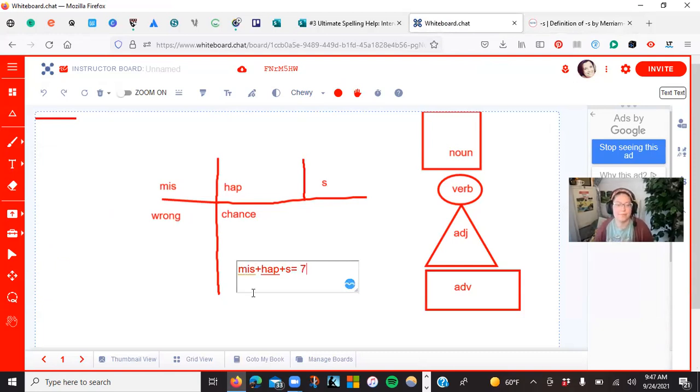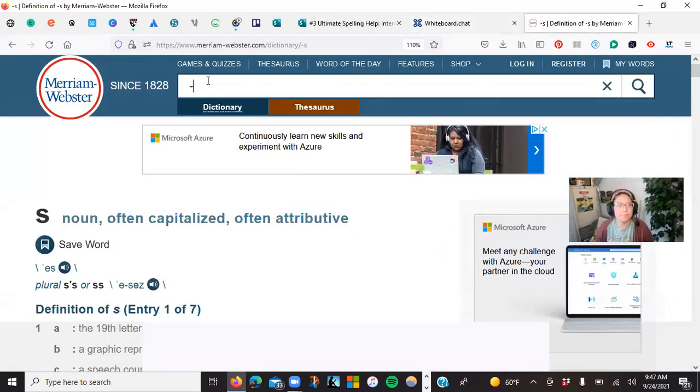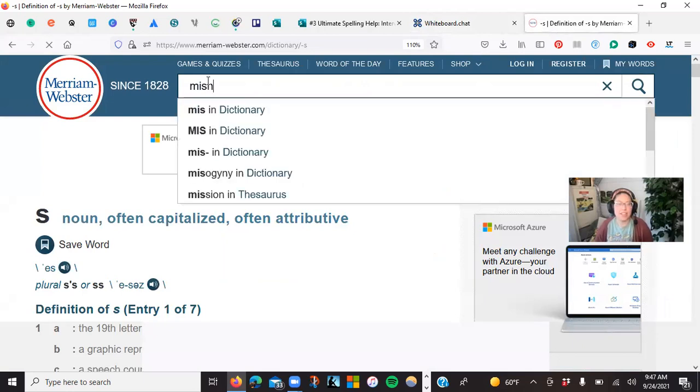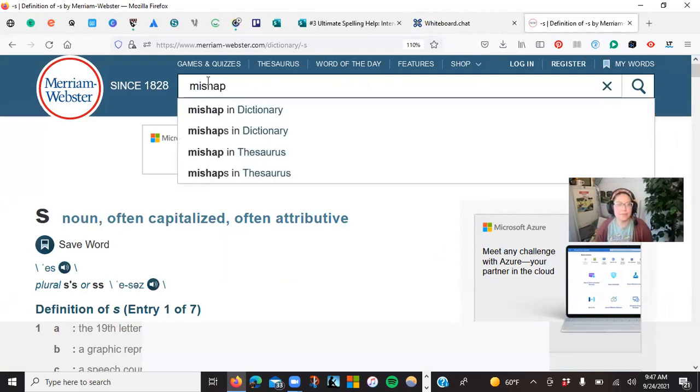Okay. So good. We should be able to put it right into the dictionary and not have to put the actual visuals of 3, 3, and 1. But okay. So 3, mis, 3, hap, and 1, s.